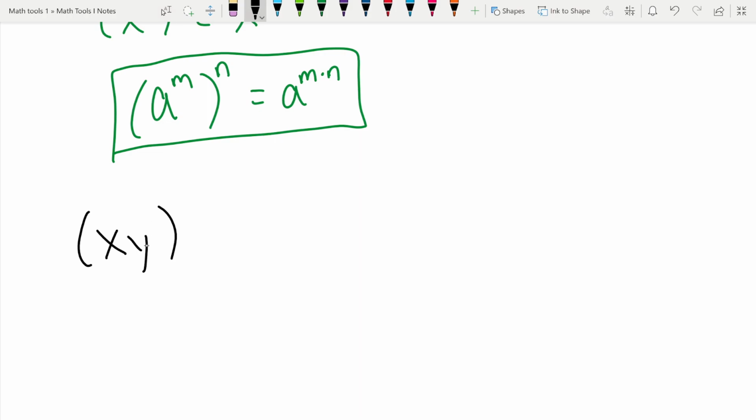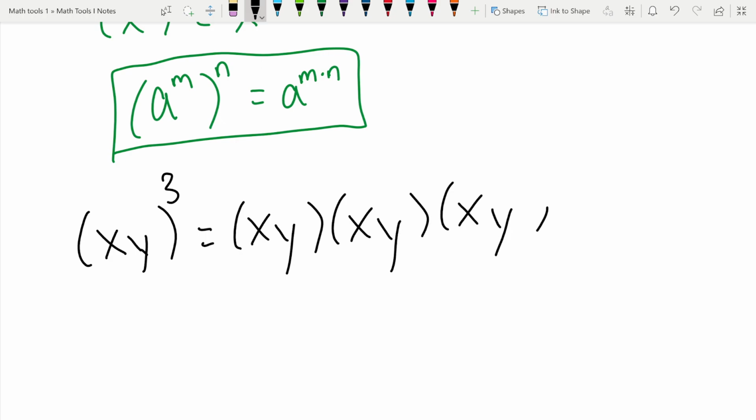So if this is x times y, say to like the third power or something like that, then we can think of what this would be. Again, xy times xy times xy. Now, using the associative properties and the commutative properties of multiplication, we can rearrange everything here because all we're doing is multiplying, right? So we can rearrange this into x times x times x times y times y times y.